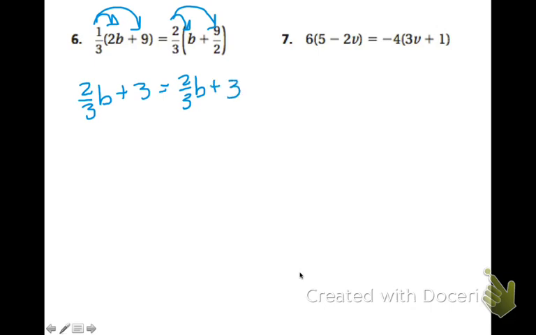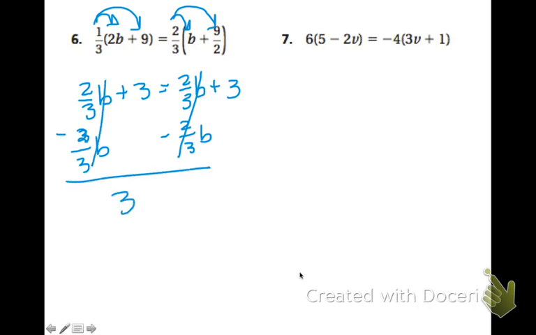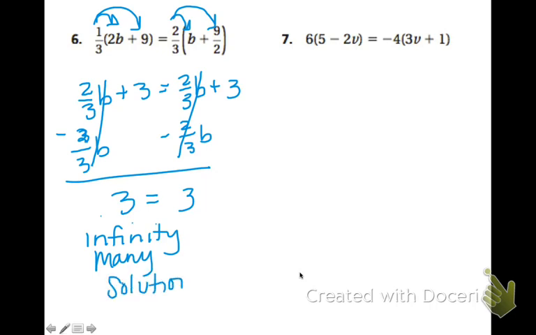So 2/3 b plus 3 is equal to 2/3 b plus 3. I can go through the process of subtracting 2/3 b on both sides. All right, this one cancels. I'm left with 3 is equal to 3, which is always true, so I write infinitely many solutions.